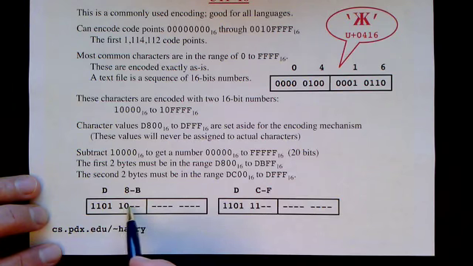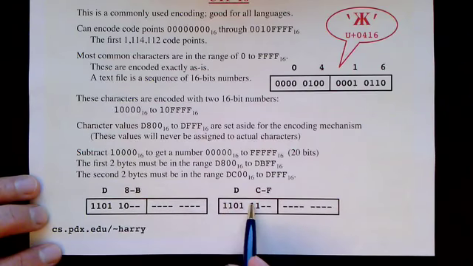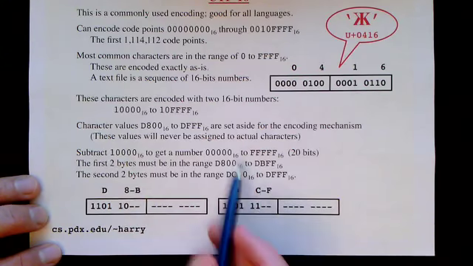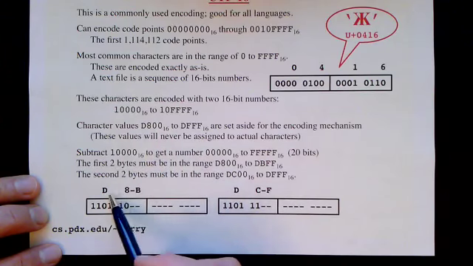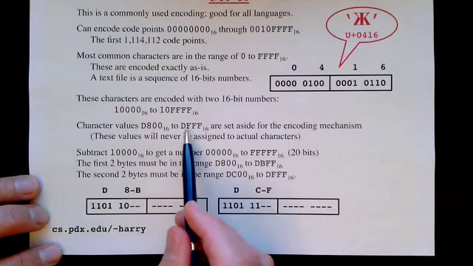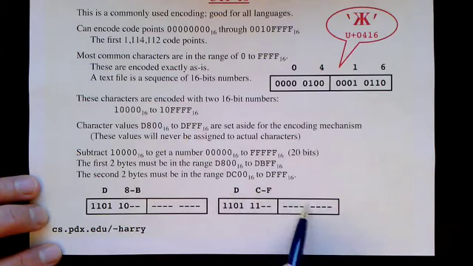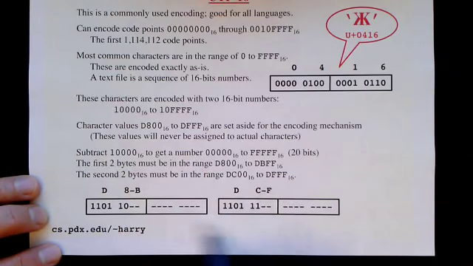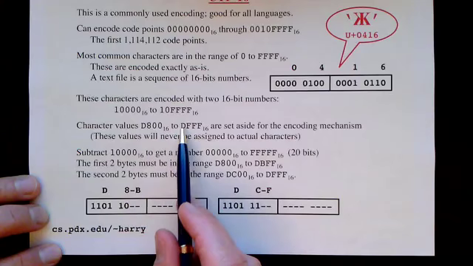If it were 1011, that would be a B. So the second hex character will be anything between 8 and B. And here, the next number, 1100 is a C, and 1111 is F. So this number will begin with D and then something between C and F. So those are the characters that are reserved, all the way from D800 to DFFF. So that describes all of these patterns right here, D800 through DFFF.